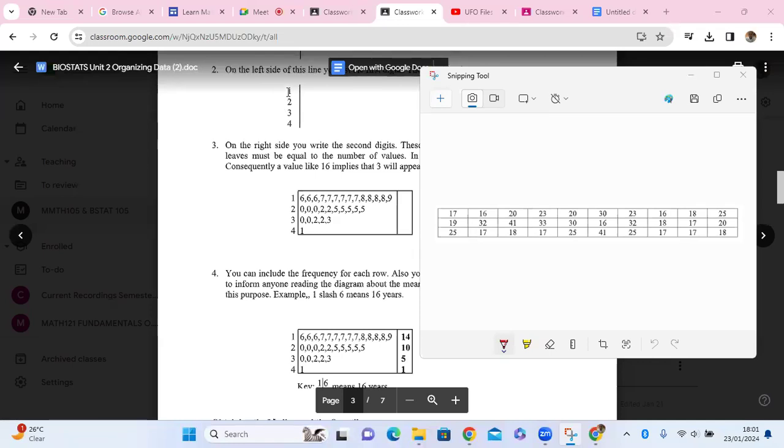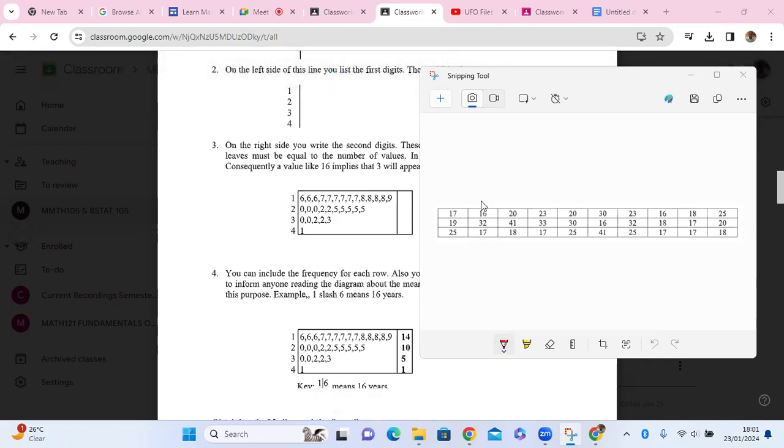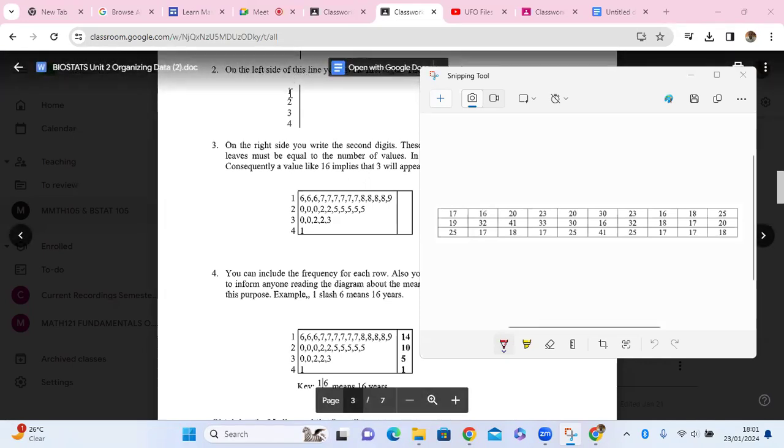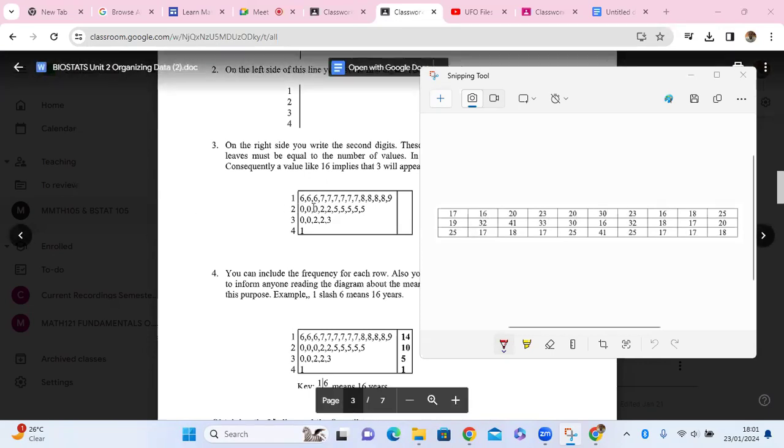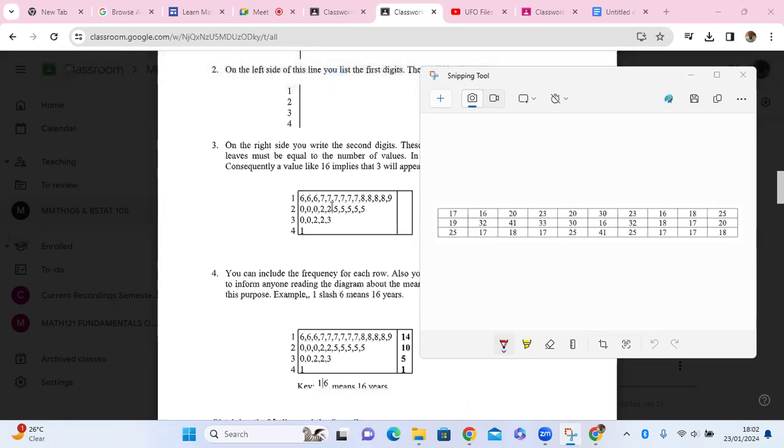You have stems of 2, stems of 3 and stems of 4. And you notice that the stems are not repeated. You only write the stem value once. However, the leaves are repeated because the number of leaves must equate to the number of values. So because 16 appears 3 times, you'll have three 6s, multiple 7s, and so forth.